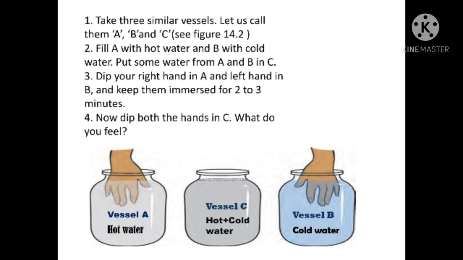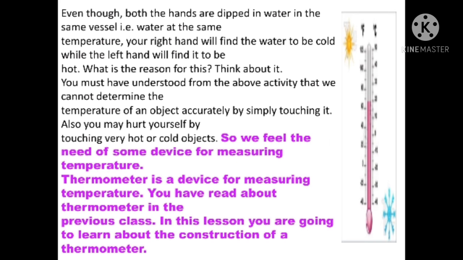And now as soon as we dipped our cold hand in normal temperature water in vessel C, we started feeling our hand hot, because normal temperature water is a hot body now in comparison to a cold hand. So heat will transfer from normal temperature water to our cold hand. That is why here we feel our cold hand as hot.